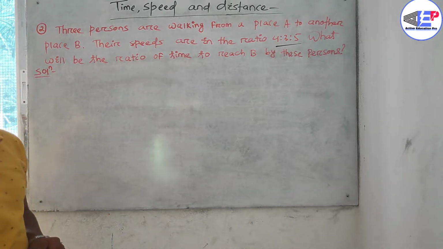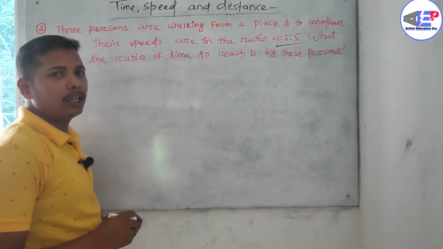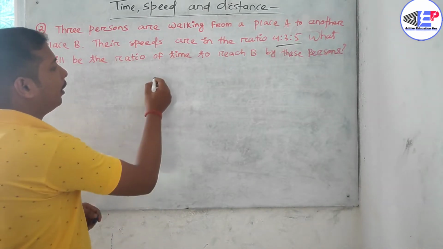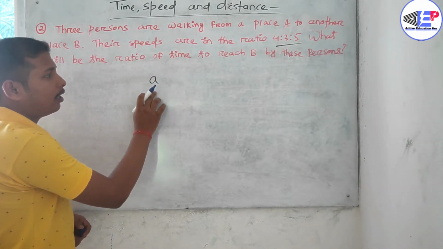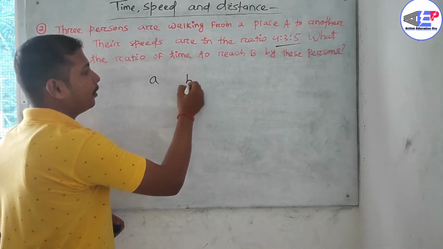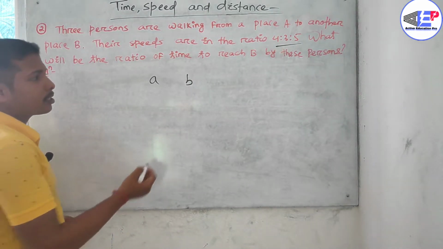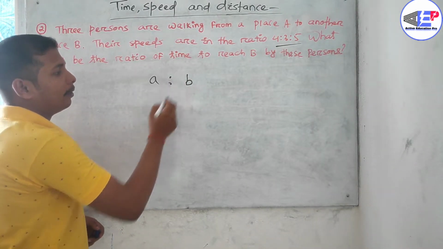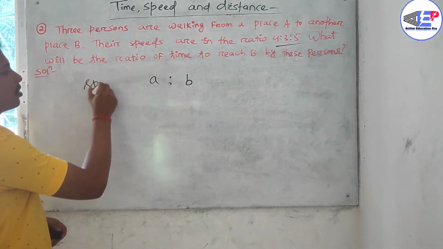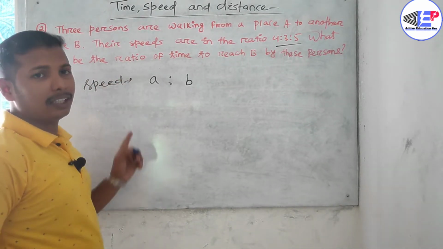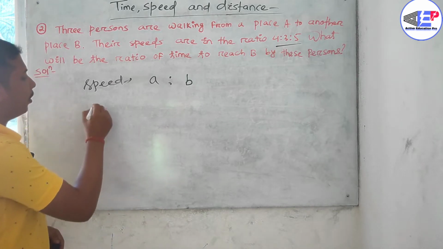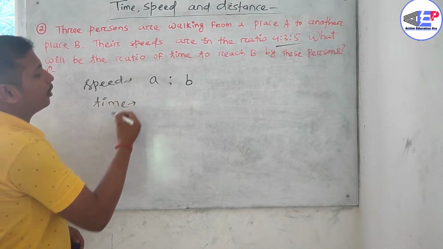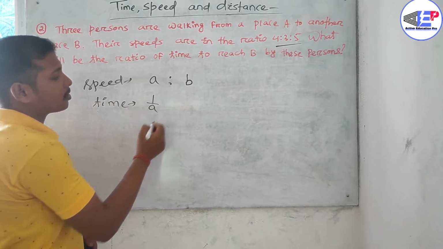Remember one thing: when two persons are traveling, the first with a speed of A and the second with a speed of B, and the ratio of their speeds is A is to B, and they are traveling the same distance, then the ratio of their time will be the reverse of their speeds.